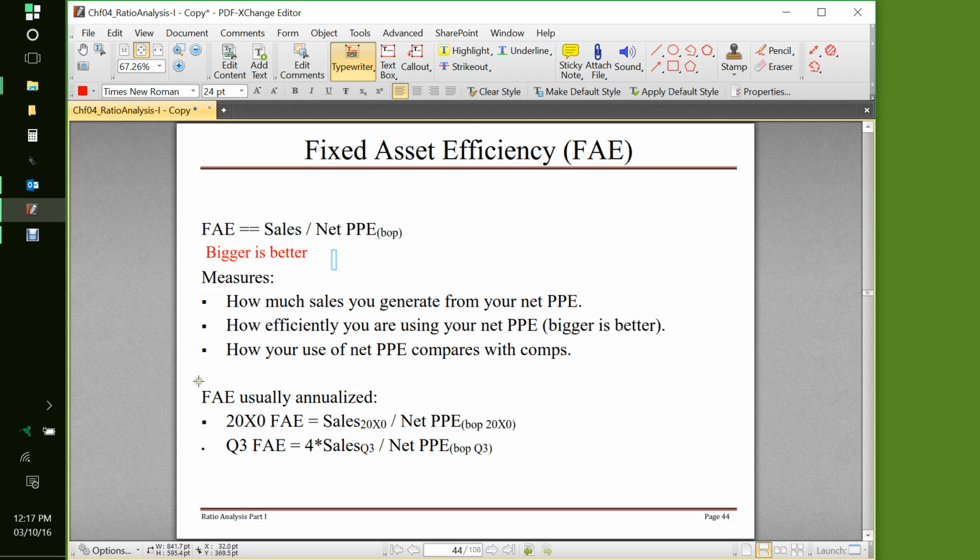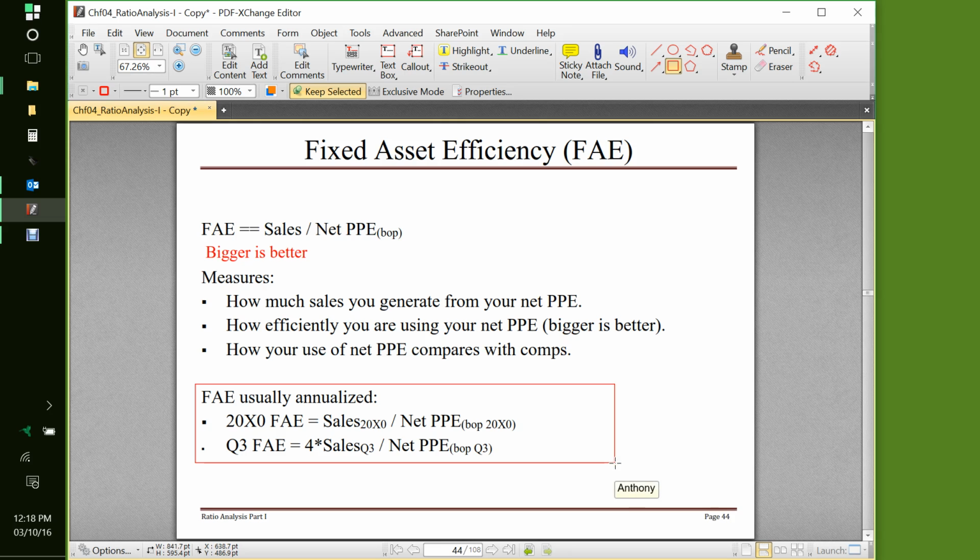Okay, and as always with all of these ratios, if we're looking at quarterly sales, what are we going to do with that sales per quarter number? We're going to multiply it by 4, and that changes its units to sales per year. So everything we're going to look at is consistently in terms of sales per year.